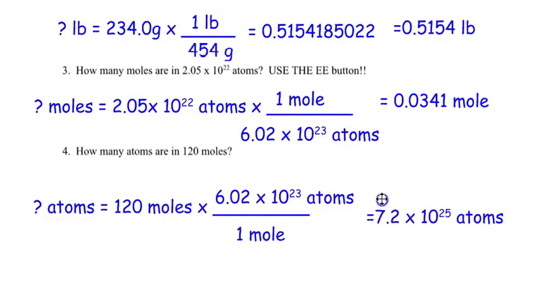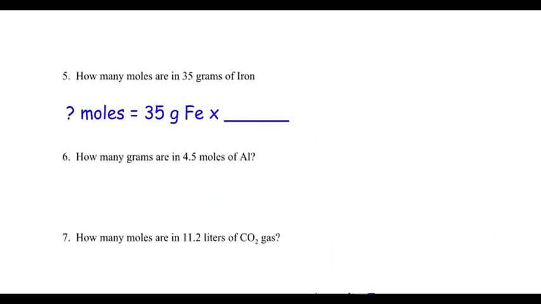Do not forget those. You should see the 25 at the very end. So it's 7.2 times 10 to the 25th atoms. So you went 120 times 6.02 second EE 23. Then equals, of course, and this should be your answer. Okay? All right, let's go ahead to the next page.